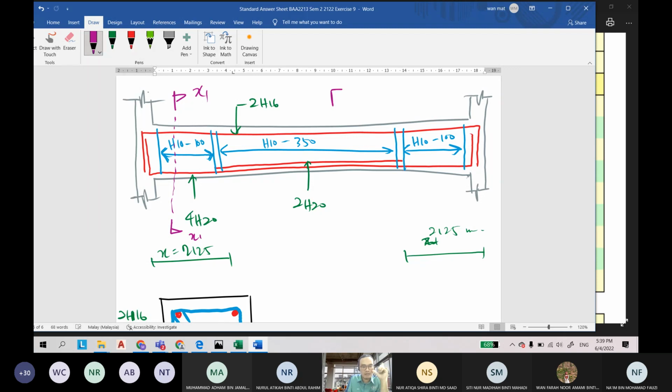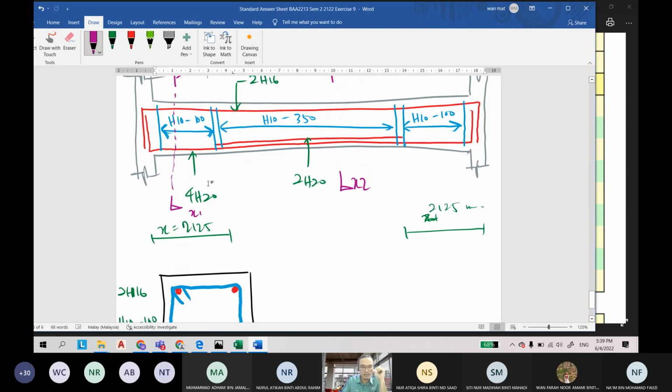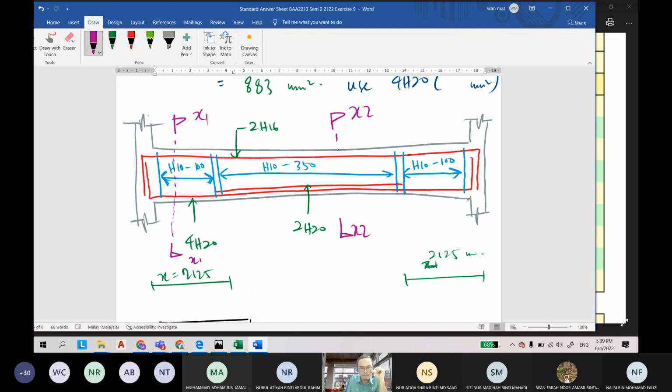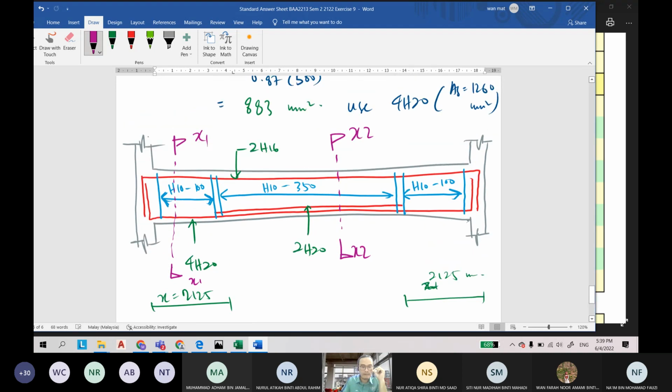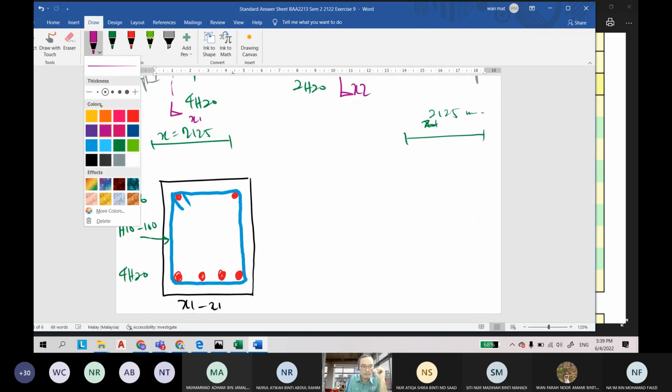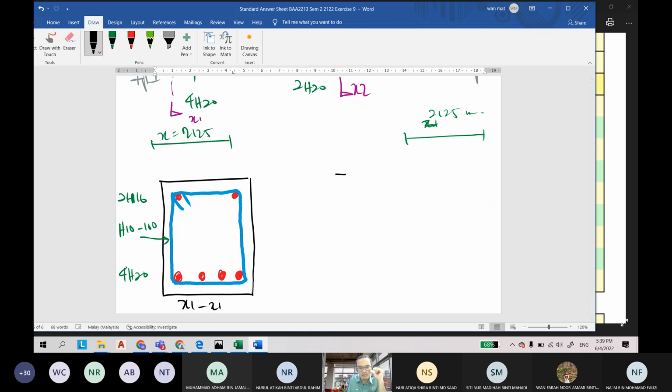However, if you cut another section at the middle here, let's say X2 and X2, you will have a similar size of beam section.